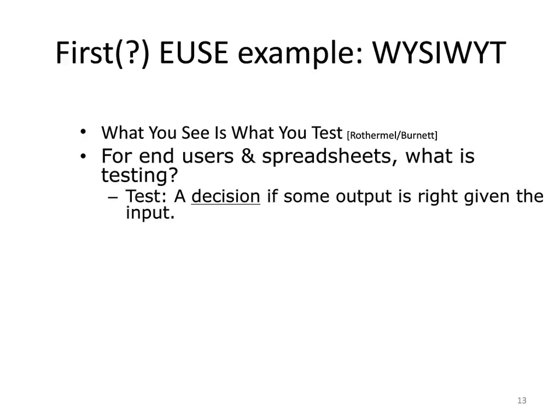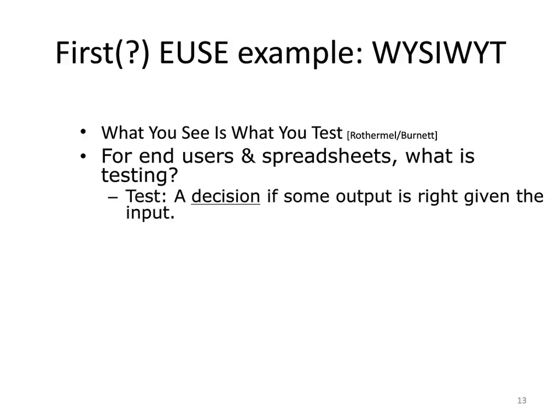And so we started with testing theory, and one of the things we had to do at the very beginning was decide, well, in this world with end users and spreadsheets, what is a test even? And we decided that in that world, a test had to be a decision that the user made, that some output is right given the input. So in classic testing, a lot of times it's just the presence of output, but here we needed to make sure that the users had put their eyes on it and made a decision.